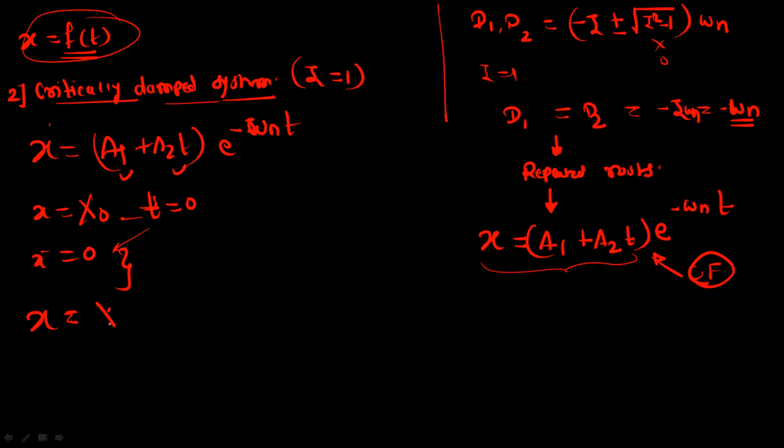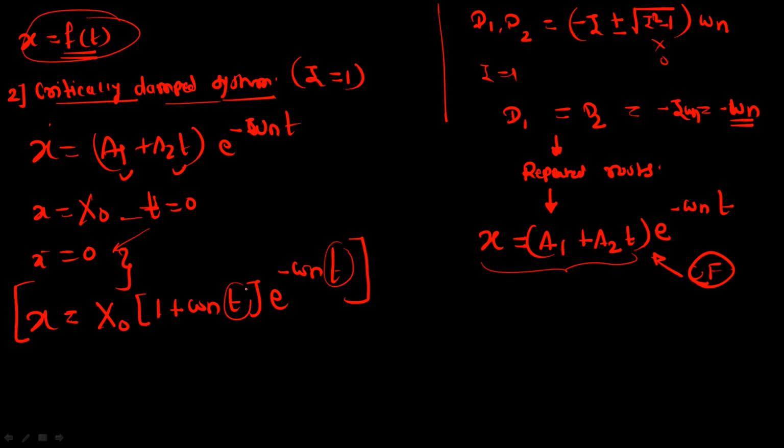X is equal to x0 into bracket 1 plus omega n t, and e raised to minus omega n t. So this is the complete equation for x, which depends on time. Remaining all the values are constant. x0 constant, omega n constant.